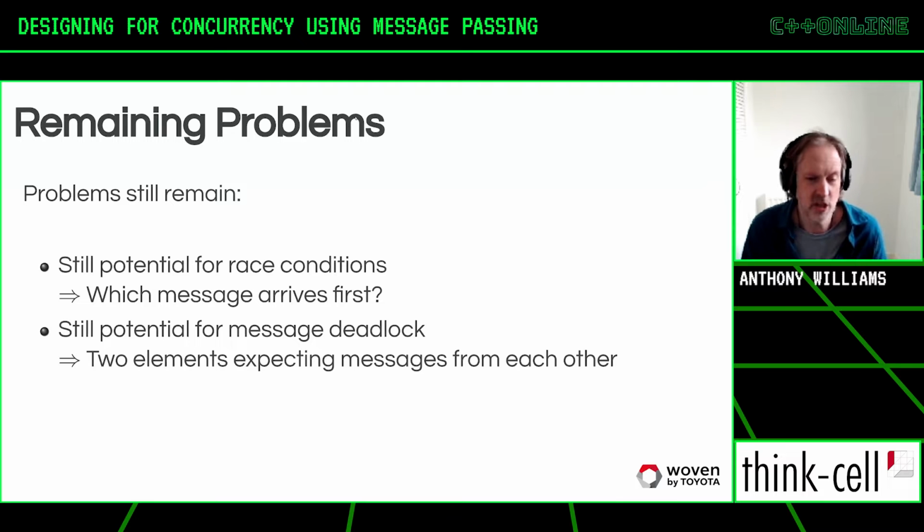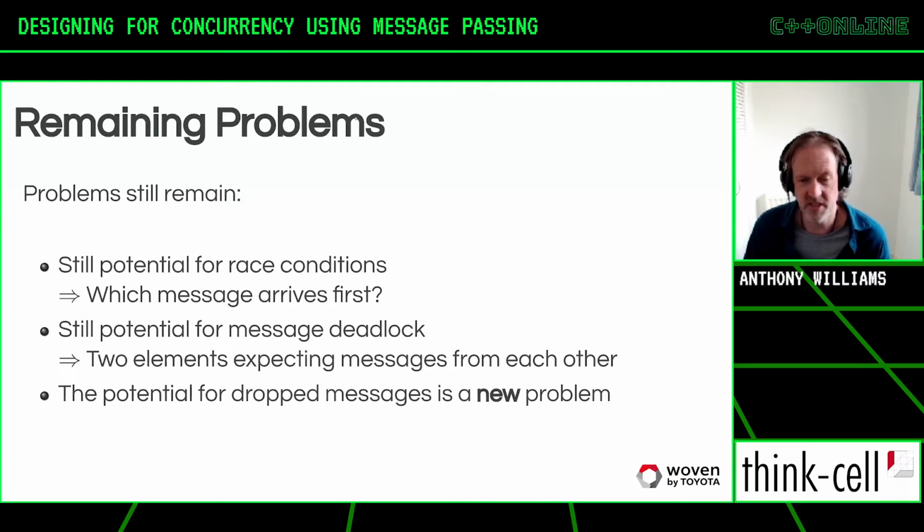And then we have another problem, which is the potential for dropped messages. It tends to be more specifically a problem with network stuff. If you're communicating over a network, there's always the potential for network dropouts, packets not getting there, whatever. But even within a process, your message framework might have some form of bounded queue, or even if it's technically unbounded, it can fill up.